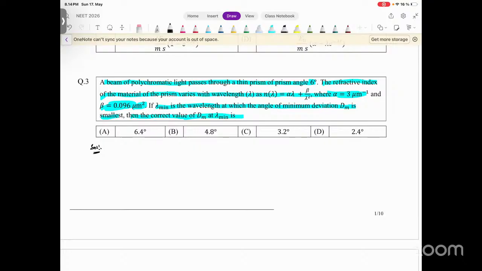This is something related to the ray optics in the prism concept. For thin prisms you already know the relations.